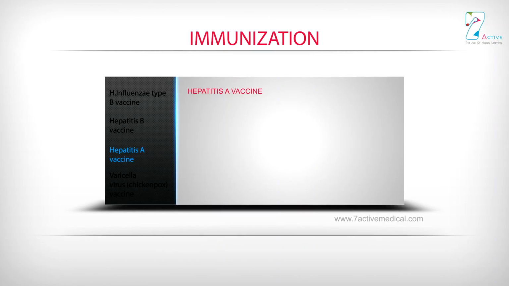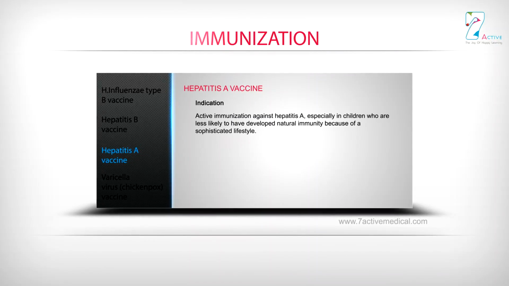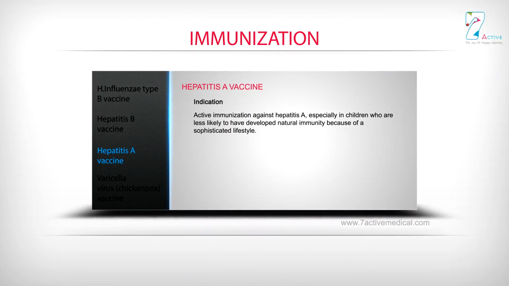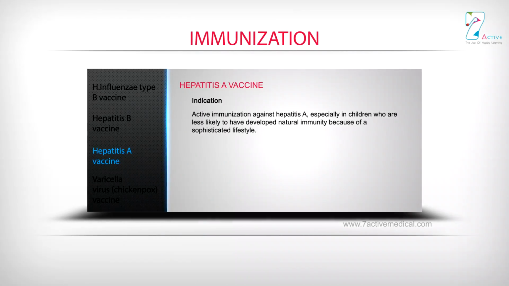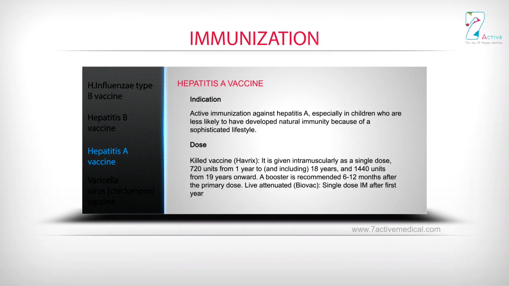Hepatitis A Vaccine. Indication: active immunization against hepatitis A, especially in children who are less likely to have developed natural immunity because of a sophisticated lifestyle. Dose: killed vaccine, Havrix.